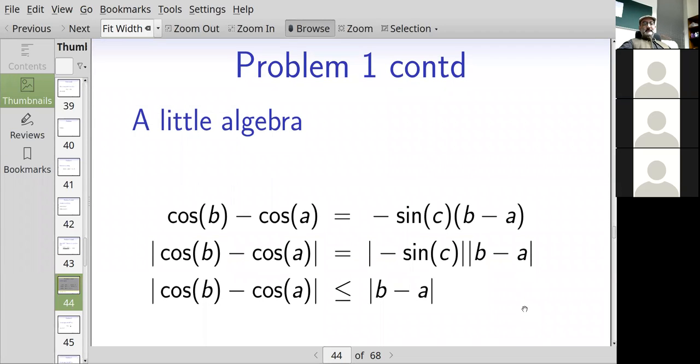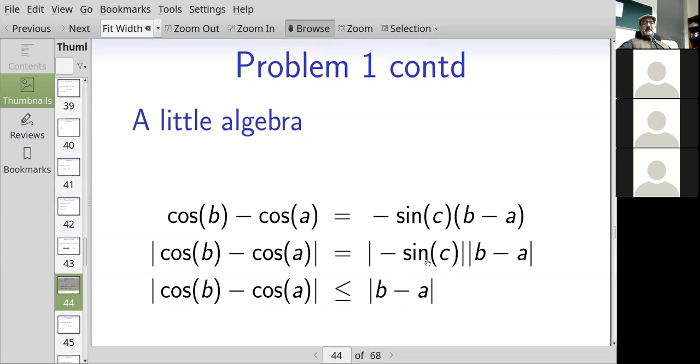Now, how big can the sine function be? The absolute value of the sine function takes what values? 1 and minus 1. Right. So the sine function goes from -1 to +1. So the absolute value of the sine function goes from 0 to 1, right? So whatever value the absolute value of sine of c has, that's less than or equal to 1.